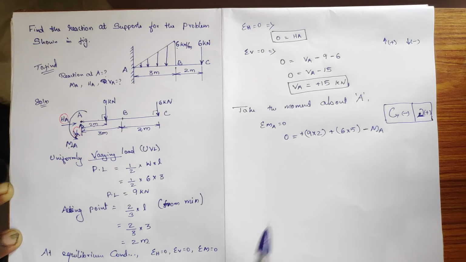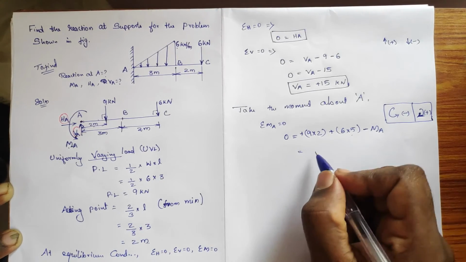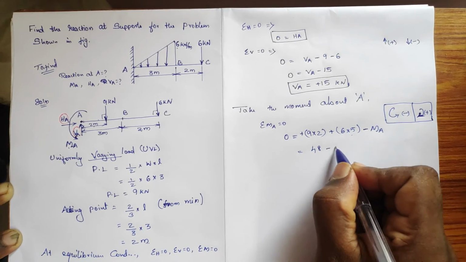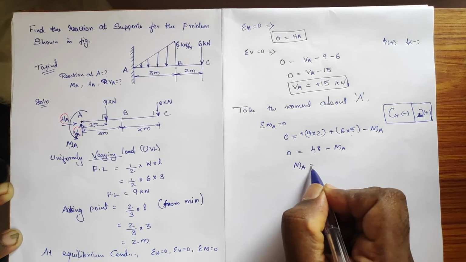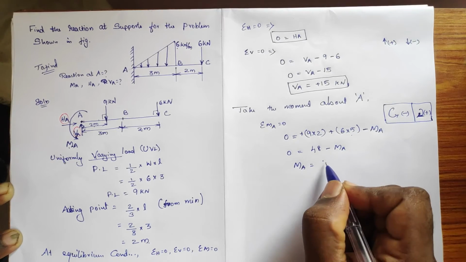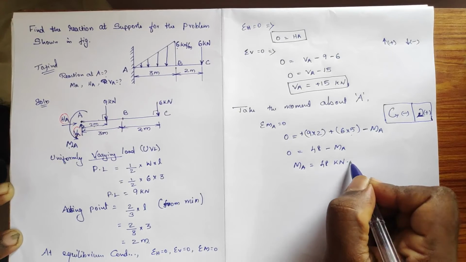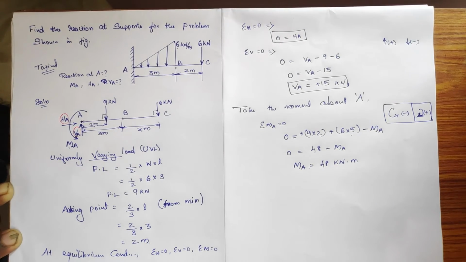Now if you simplify this, you will get 48 minus moment about A, and if you take it to the other side, it becomes positive, 48 kilonewton meter. That is more important: it's a moment, so kilonewton meter.